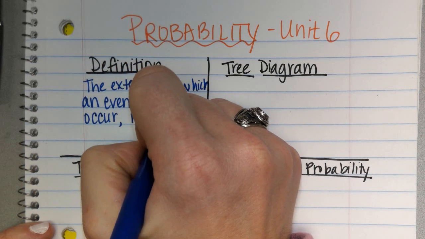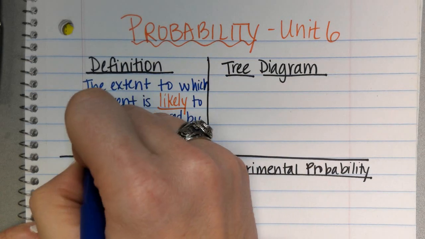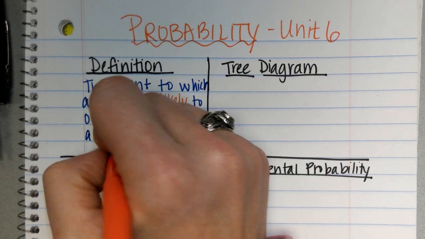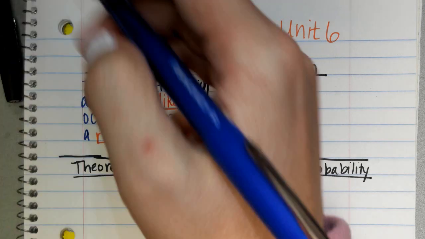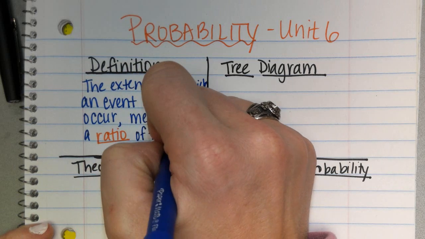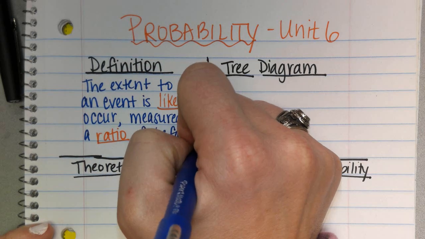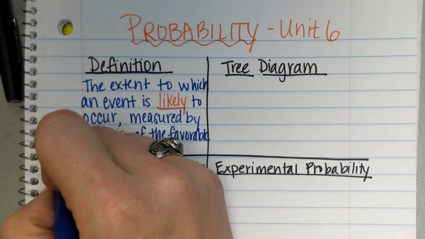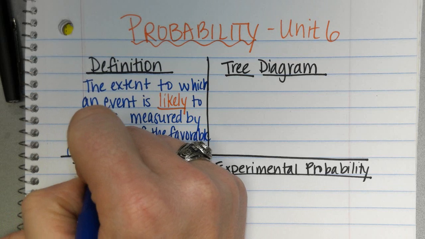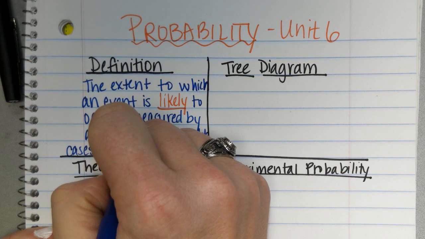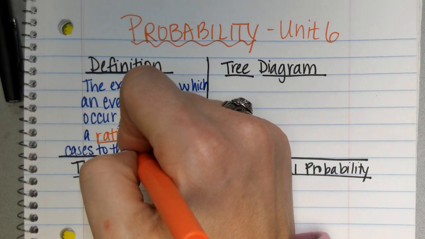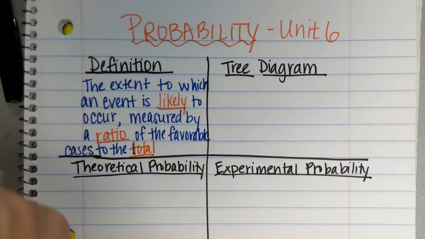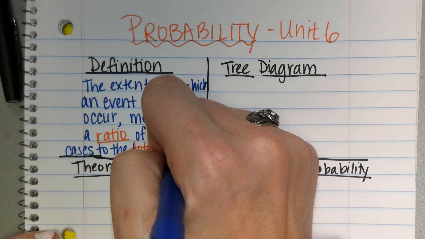It's measured by a ratio of the favorable cases to the total number of cases.